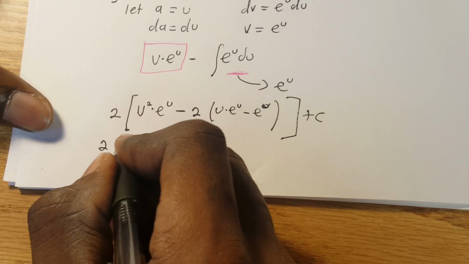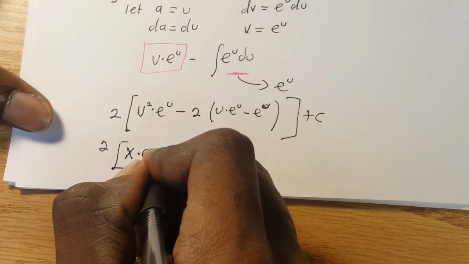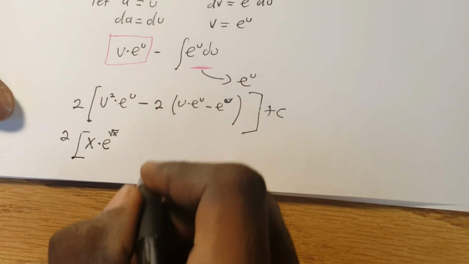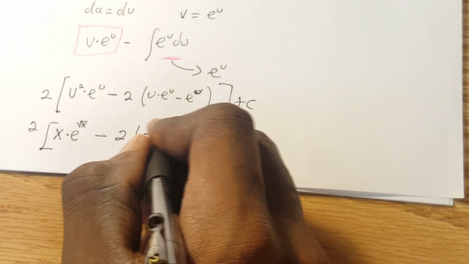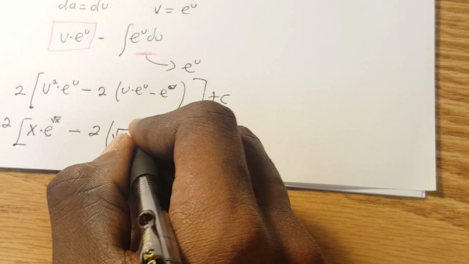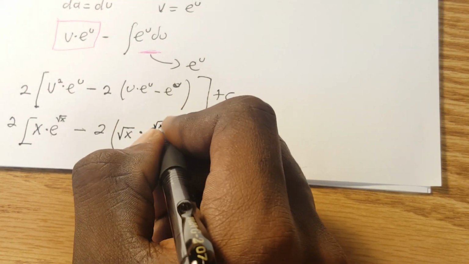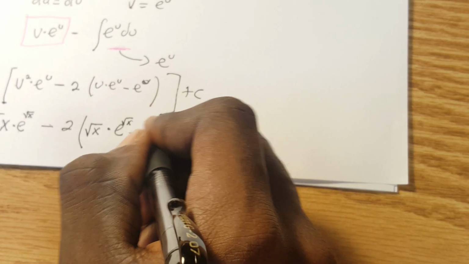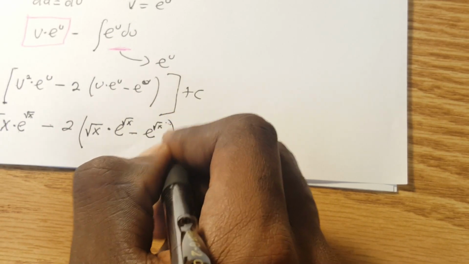We have U squared, so we put x multiplied by e. We have U, so that will give us square root of x, minus 2. We have U here, so we put root of x multiplied by e to the root of x, minus e to the root of x, plus c.